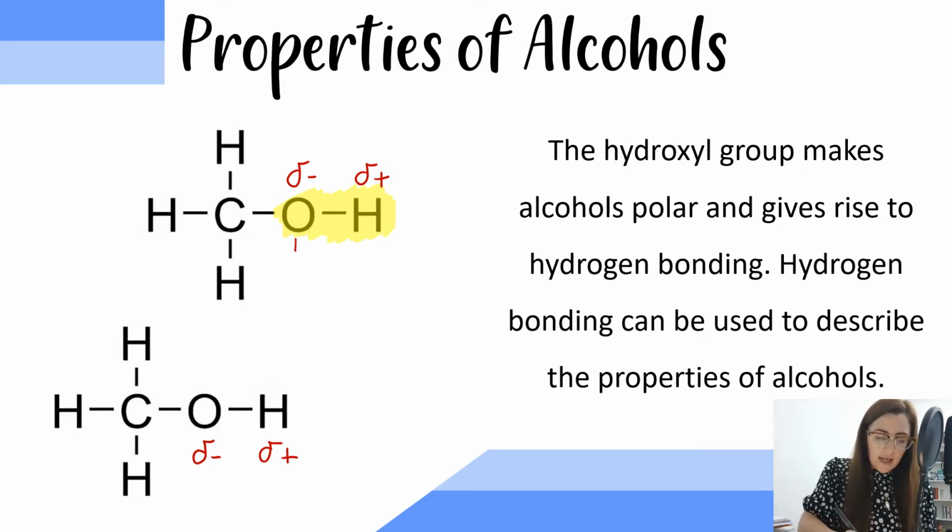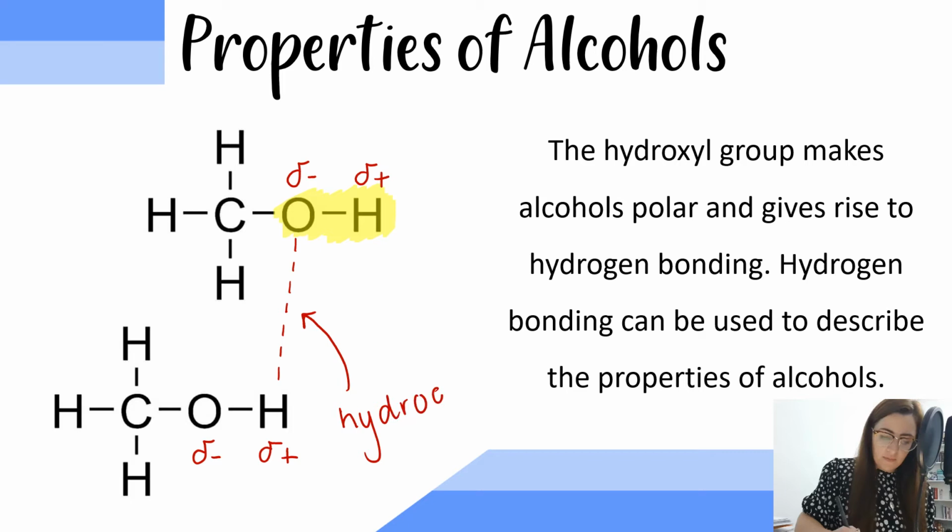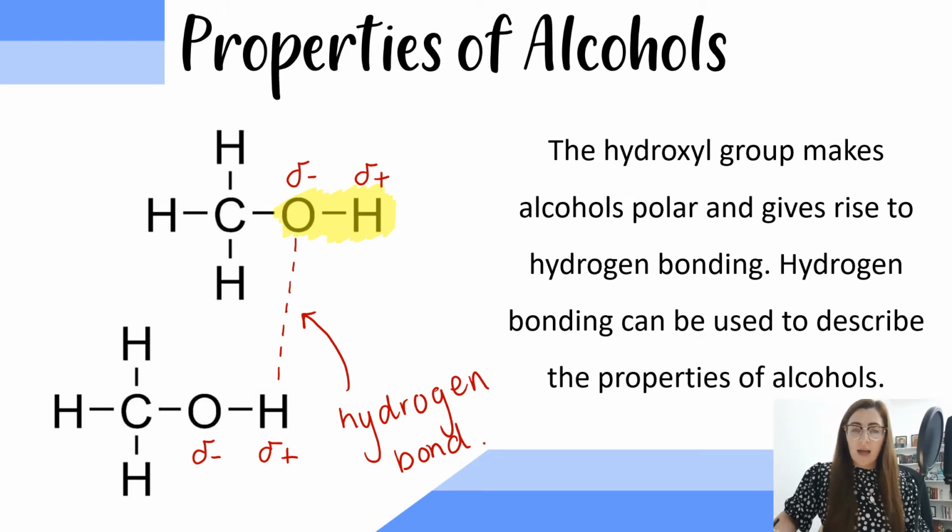It means that there will be a force of attraction between the oxygen of one alcohol and the hydrogen of another alcohol. That attraction is our hydrogen bond. And the fact that alcohols can hydrogen bond is what we use to describe the properties of alcohols.